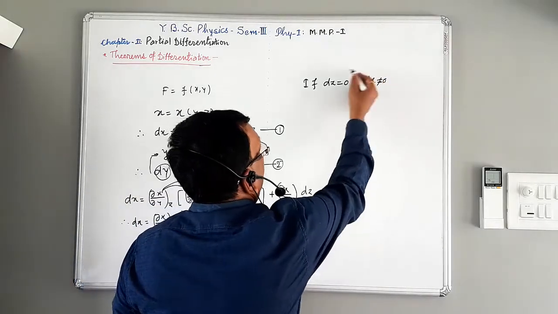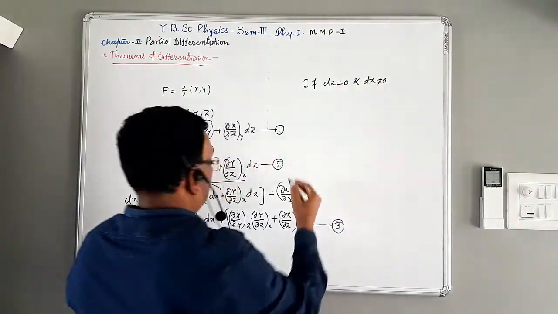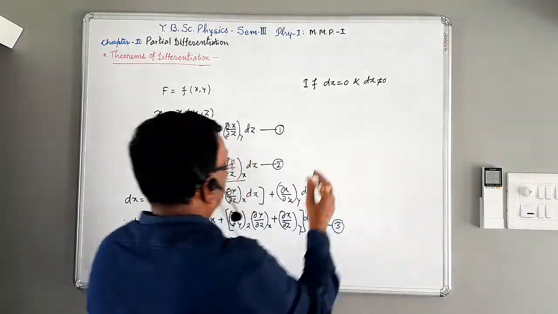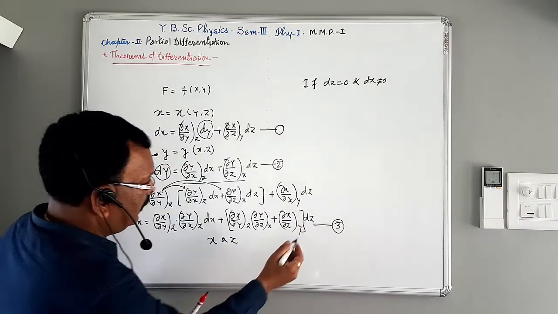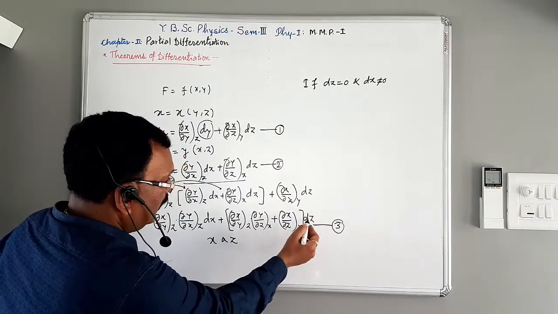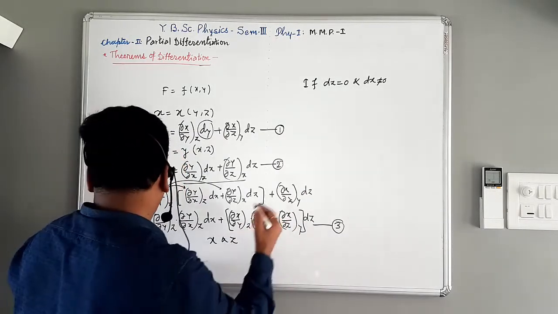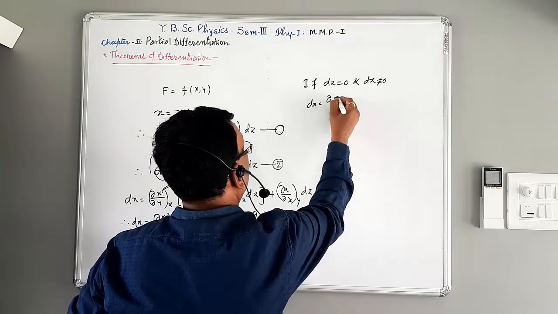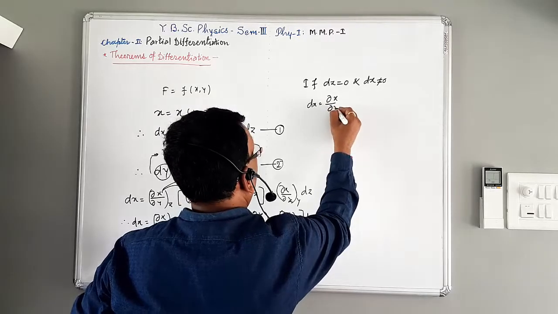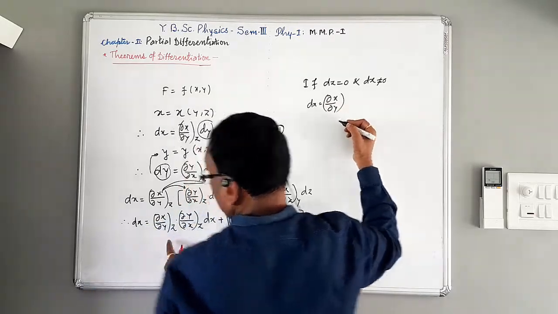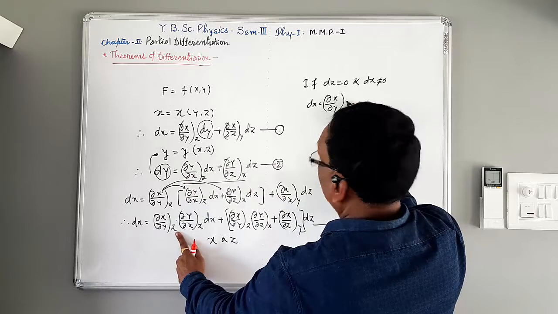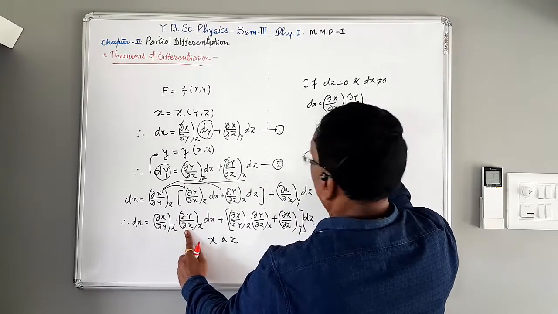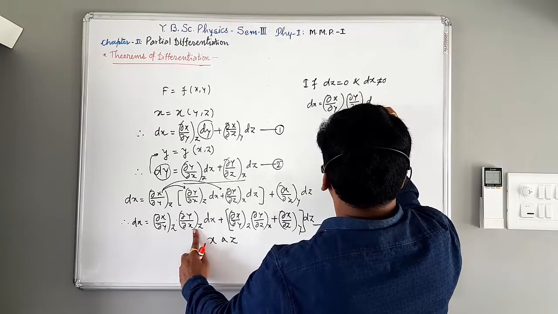Now when we apply this condition to equation 3, when dz is equal to 0, dz into this term is 0, and we have dx is equal to delta x by delta y at constant z into delta y by delta x at constant z dx.